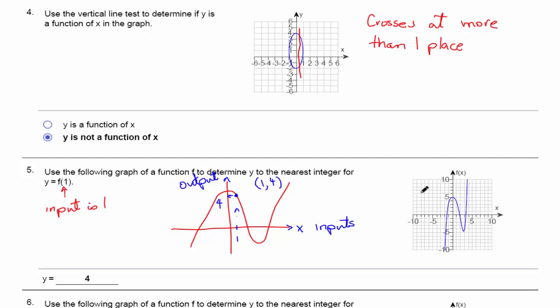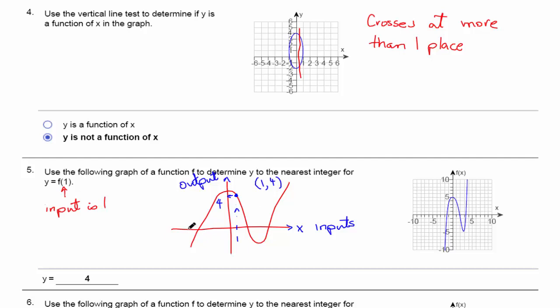So what you're looking at is come here to 1, go find the graph, whatever height that is, and head back to the y-axis to actually find the corresponding output. So what about over here?